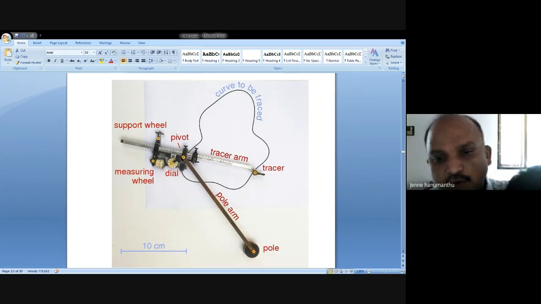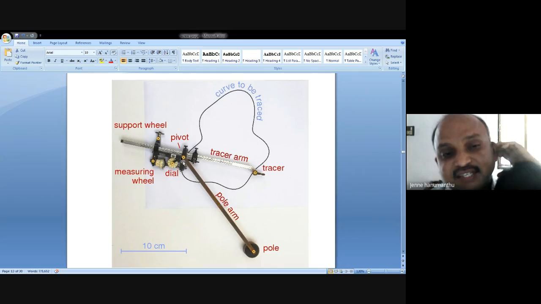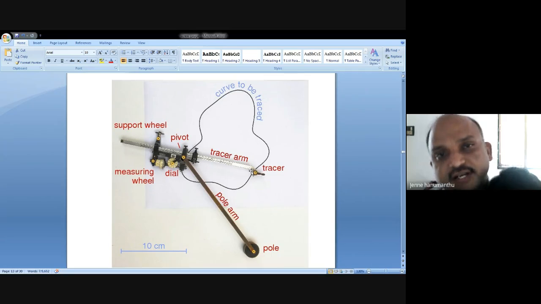This pole arm is also called the anchor arm. It is fixed. The anchor arm is a fixed arm. And this tracer arm is a mobile one. This tracer arm has this point, which is called the tracer.